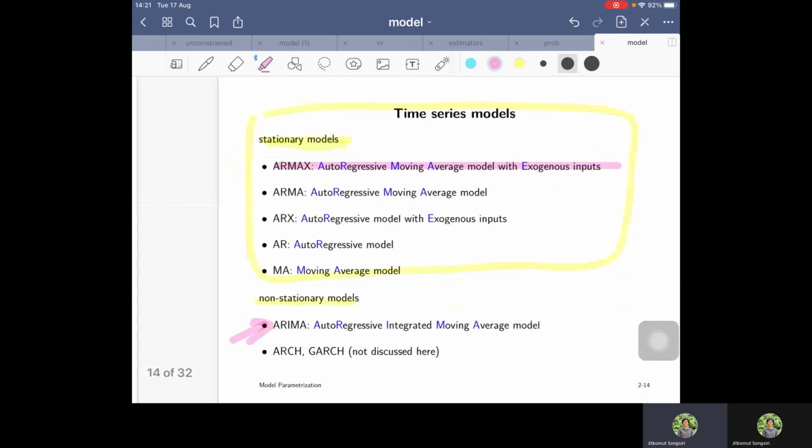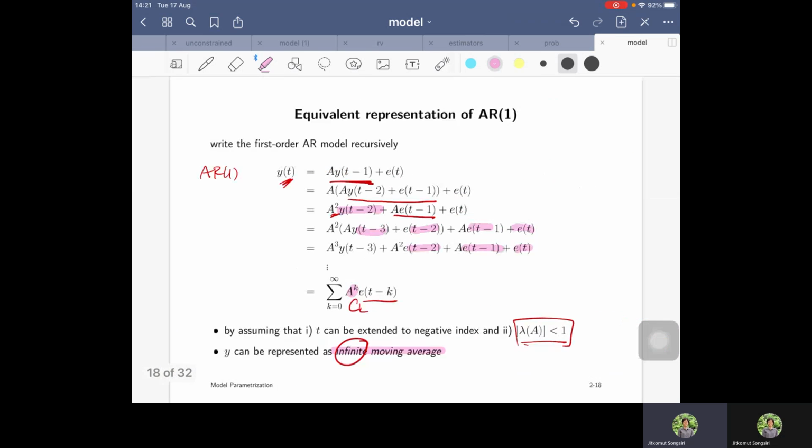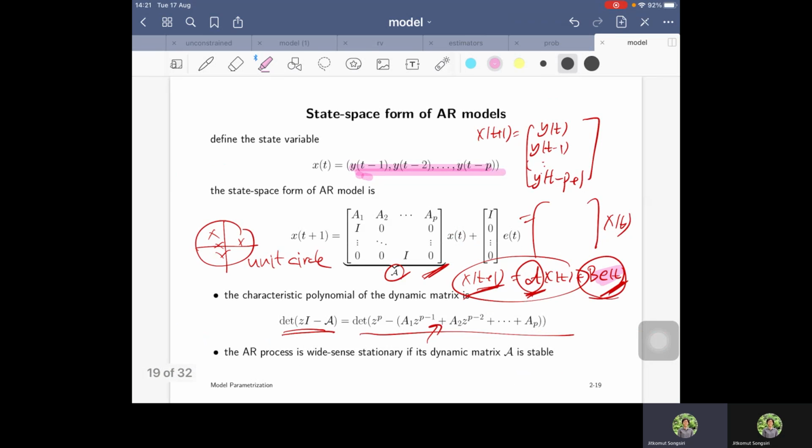So coming back here, what we derive for the AR process is that if you find the roots of this characteristic polynomial, and the eigenvalues lie inside the unit circle, then the AR process is wide-sense stationary.